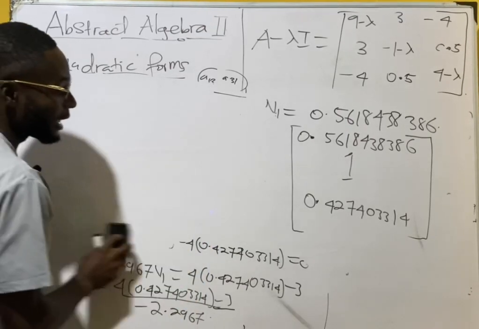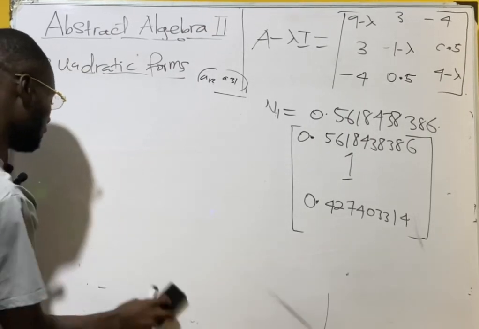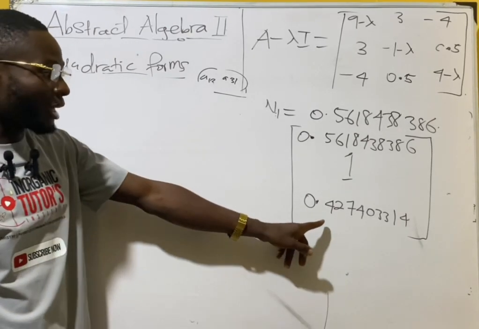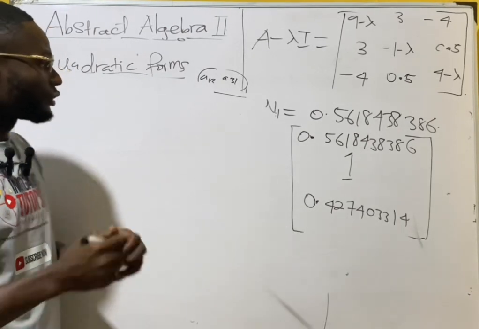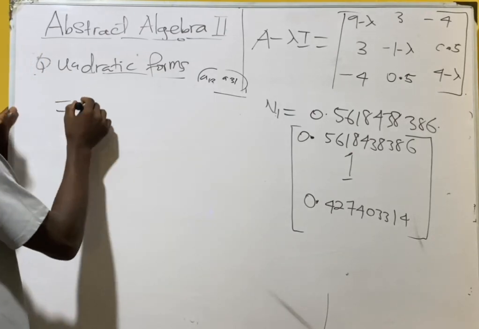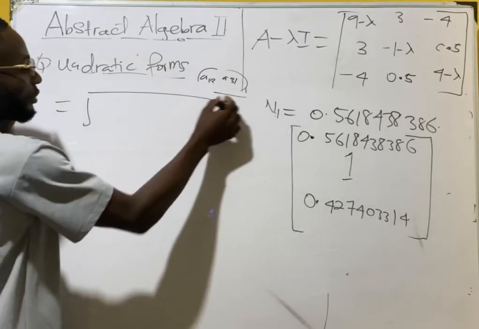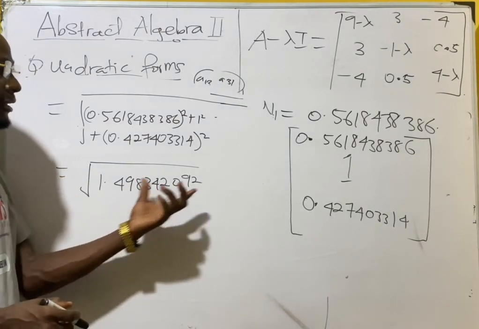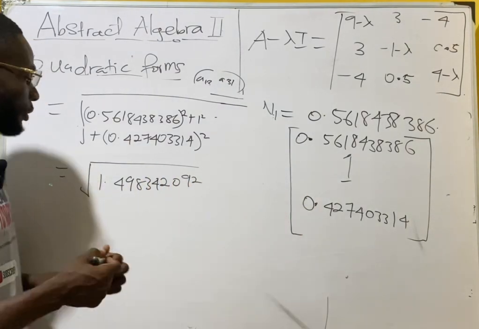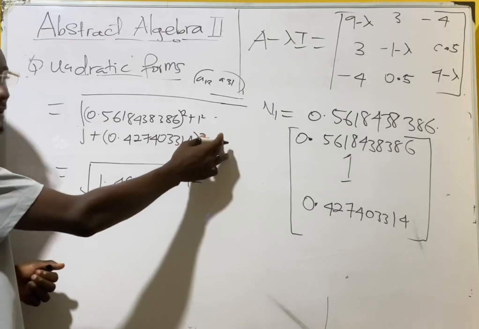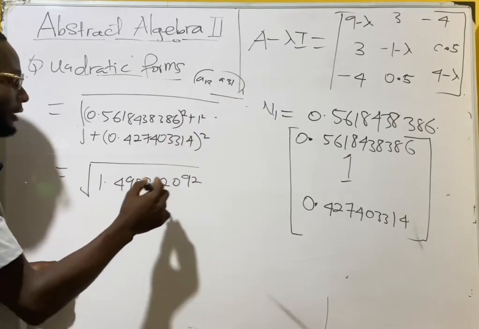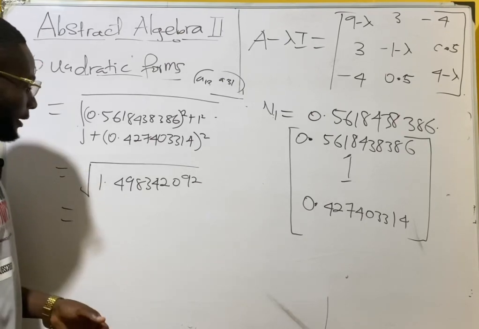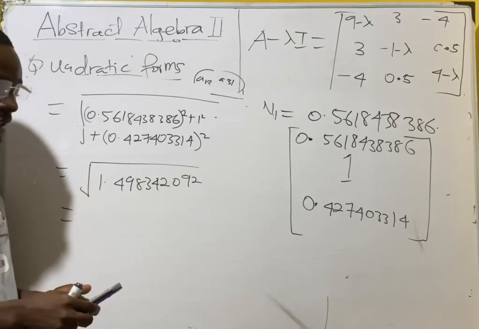We have to normalize it, okay? But before we can do that, we have to find the magnitude of this. So the magnitude will be equal to the square root of 1.49834292.